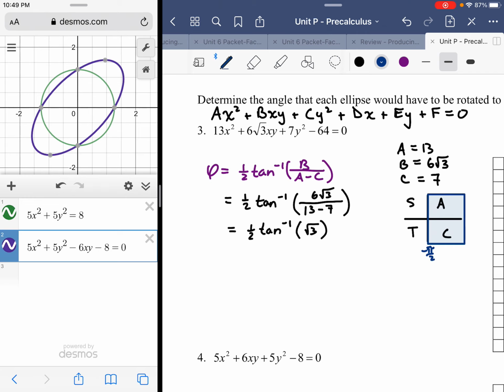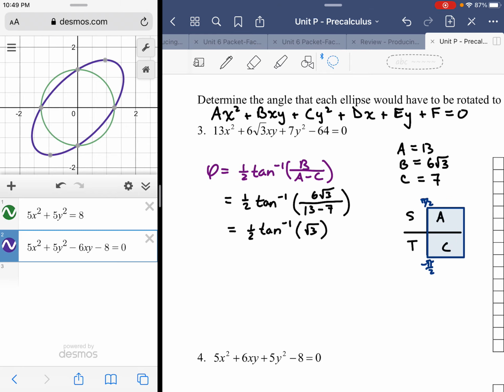Here's negative pi over 2, and here's pi over 2. Let me give myself some more room. Since this is a positive ratio, I know that I must be in the first quadrant there.